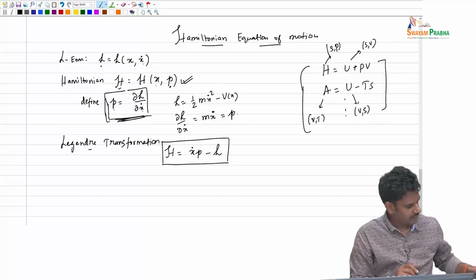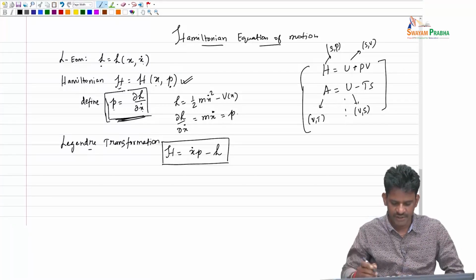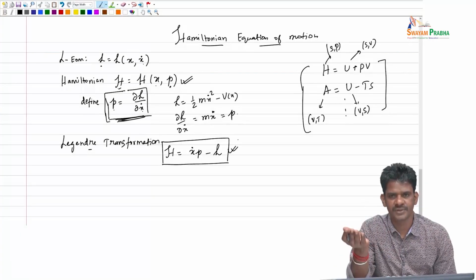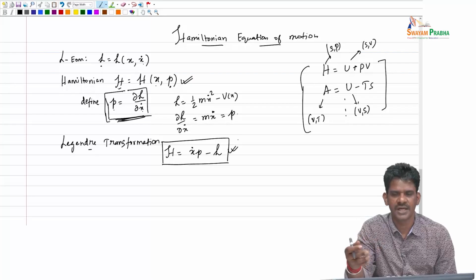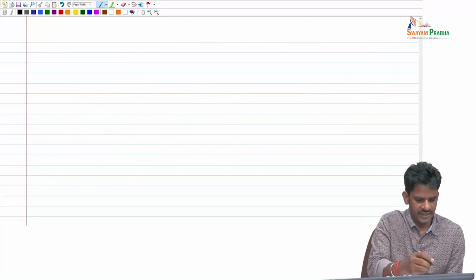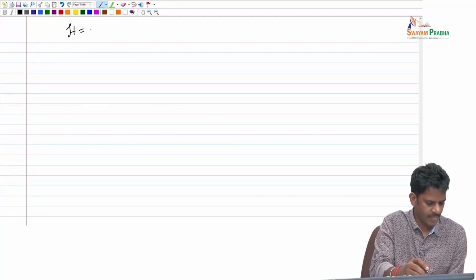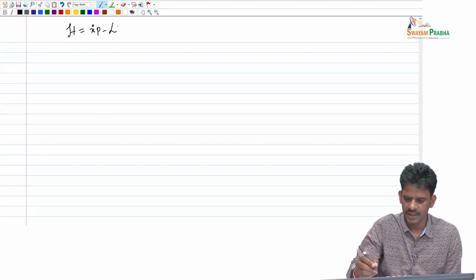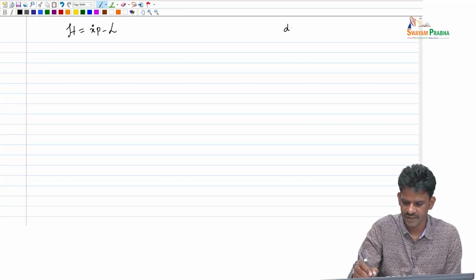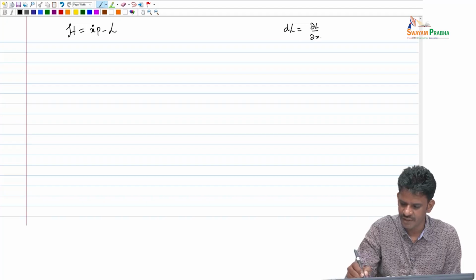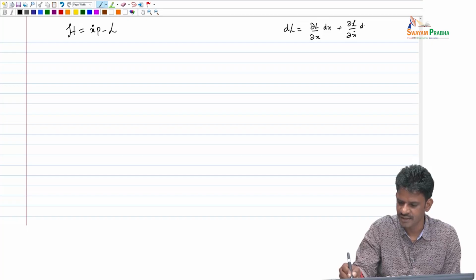All right, so now what we will do is, we will take this particular definition and then use Hamilton's principle and the Lagrangian equation of motion, and then use those formulations to find what the Hamiltonian equation of motion is. Okay, so let us first write H is x dot p minus L, and then let's write the differential form of dL, which can be written as dou L by dou x dx plus dou L by dou x dot dx dot.